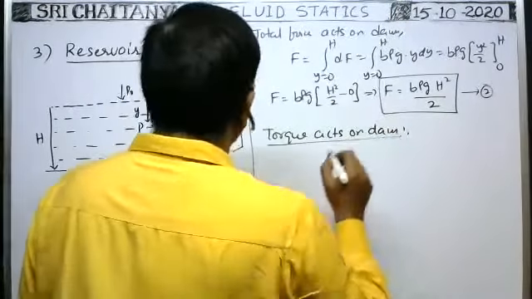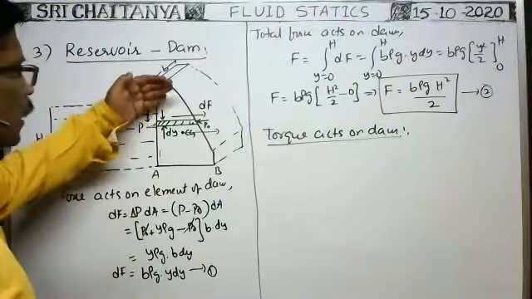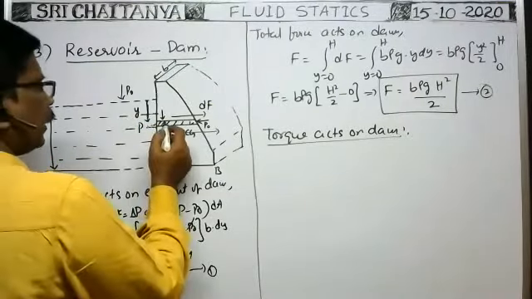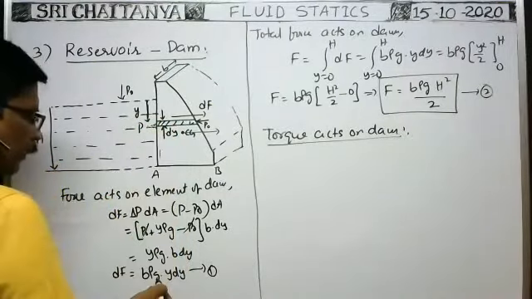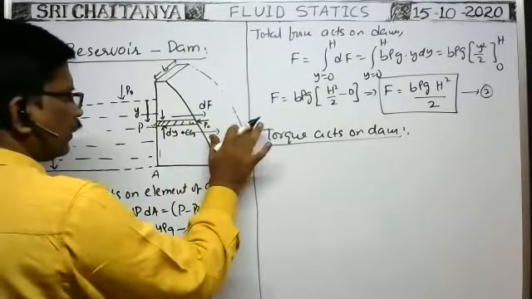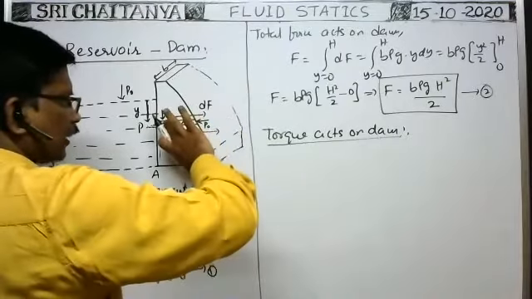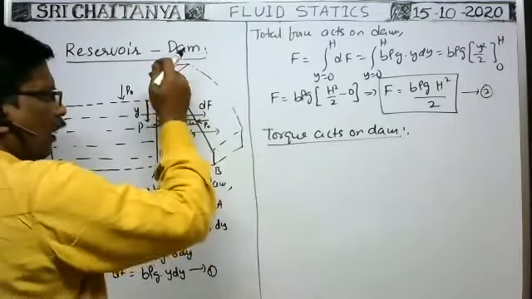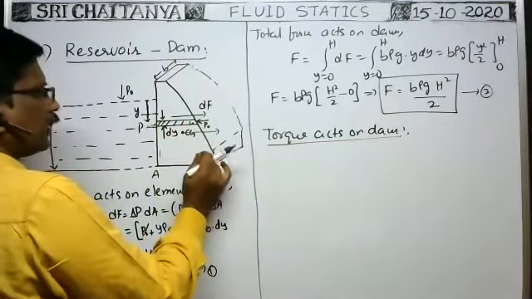Next concept. Here, as the forces are different, torques are also different. Suppose we consider the element here. Because the force df acts on the element, about this point B torque acts on the element so that this element tries to turn in this direction. Then on all the elements, what is the net torque we have to calculate?